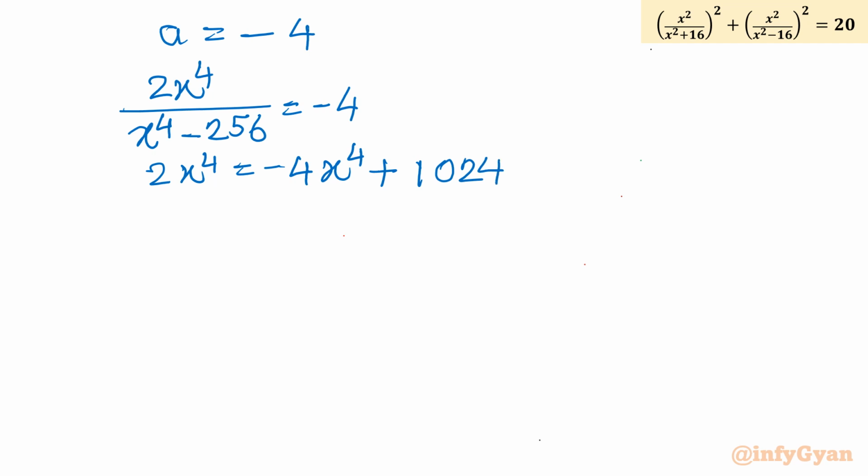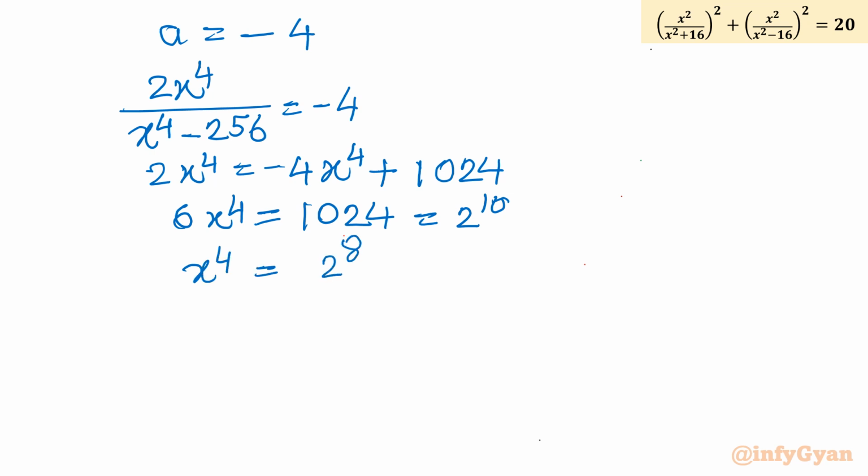Now I will take minus 4x power 4 to the left hand side. So it will become 6x power 4 equal to 1024. And 1024 is 2 power 10, we know. Now I can write x power 4 as 2 power 8 times 2 power 2, divided by 6. So let me write 2 into 2 divided by 6. So I can cancel this 2 and 6 by writing over there 3.